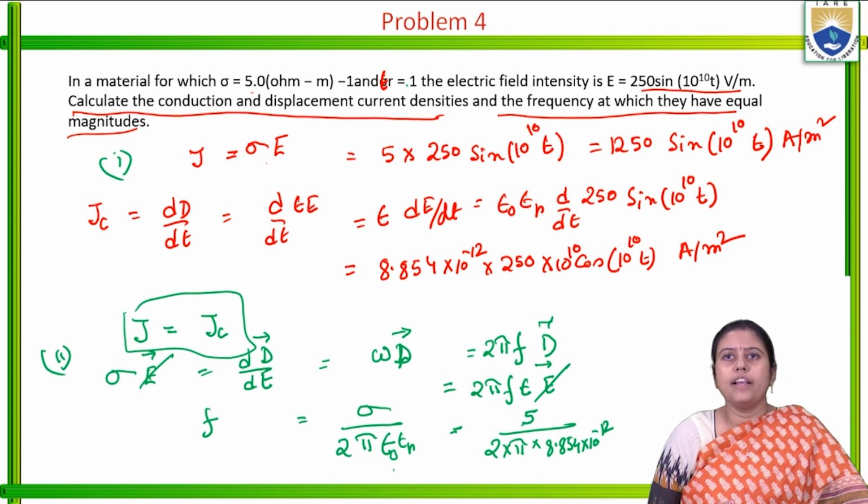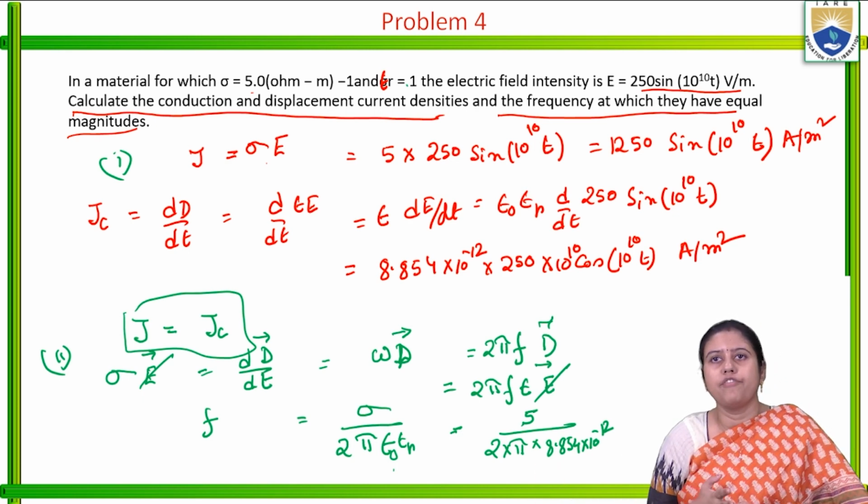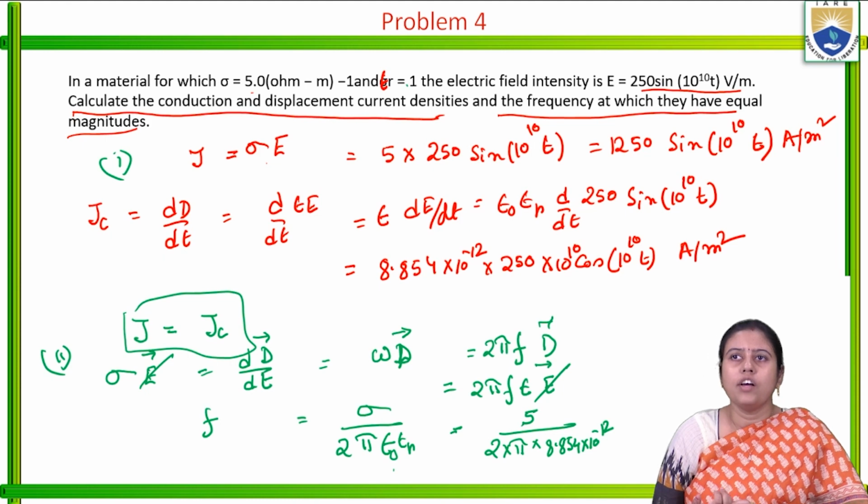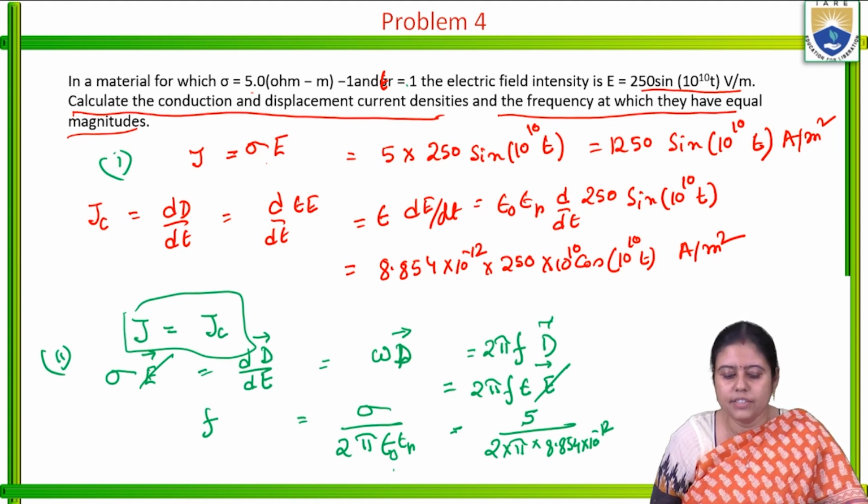Epsilon naught value is 8.854 into 10 to the power minus 12, epsilon r is 1, and the derivative gives 250 cos 10 to the power 10 t. So if we solve, we can get the value of Jc.